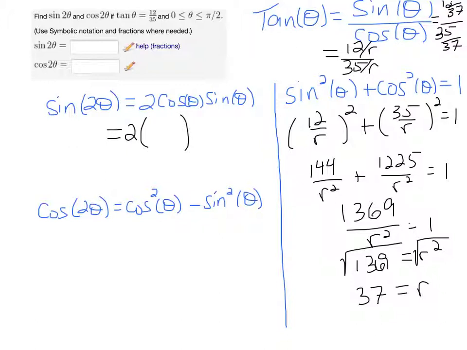The cosine, recall, is 35 over 37, and the sine of theta is 12 over 37. That would give us 840 over 1369 for the sine of 2 theta.